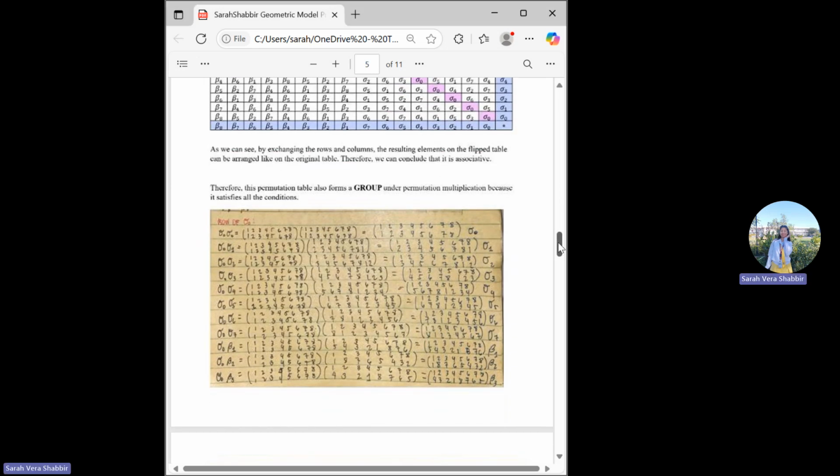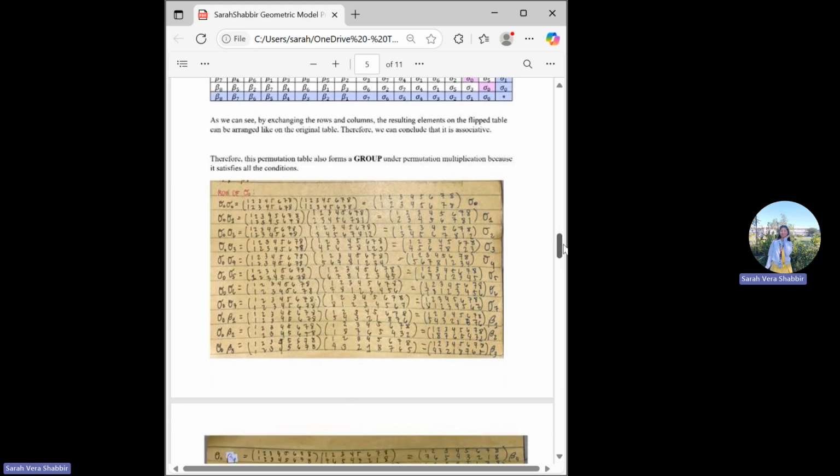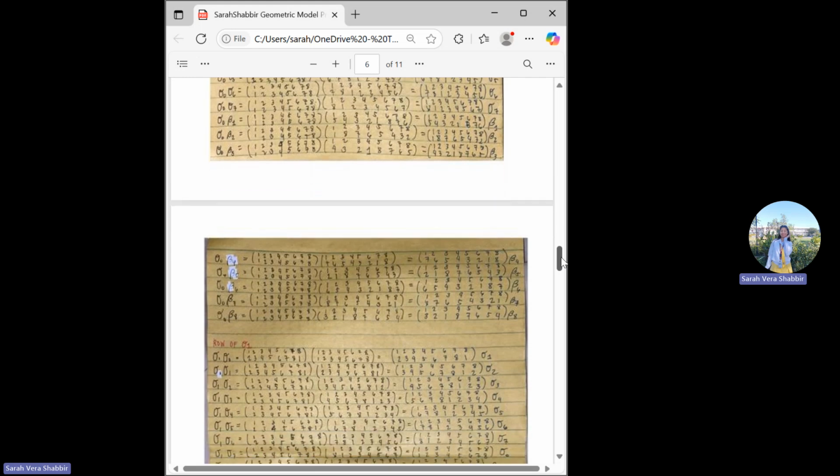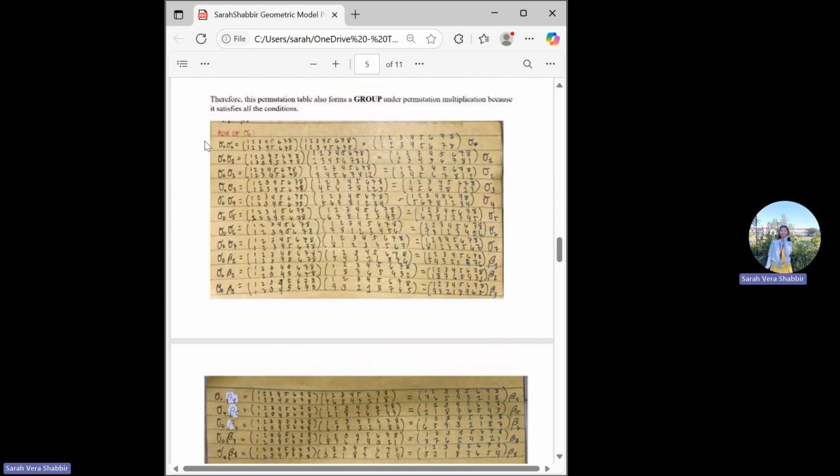So now let's combine each permutation with each other. So here are the results. I won't elaborate on them anymore because this would take so long. But for instance, sigma sub 0 times sigma sub 0 is equal to sigma 0.